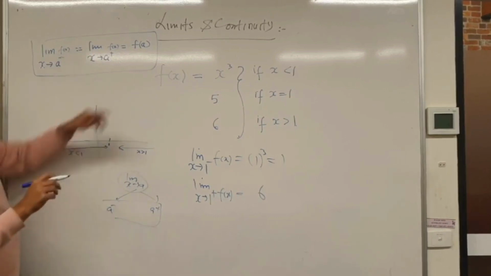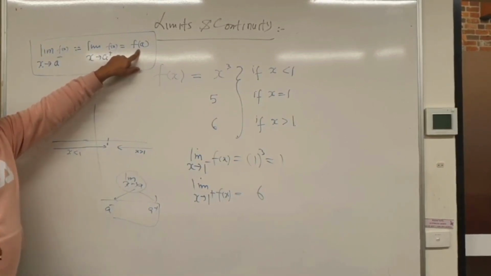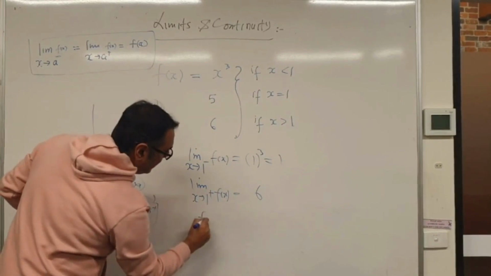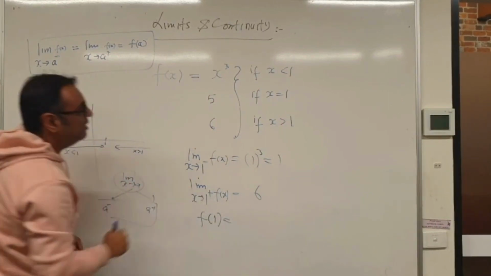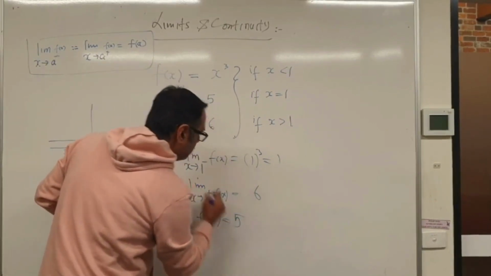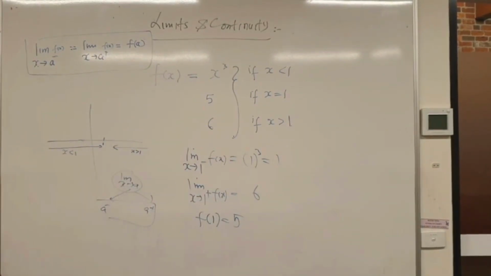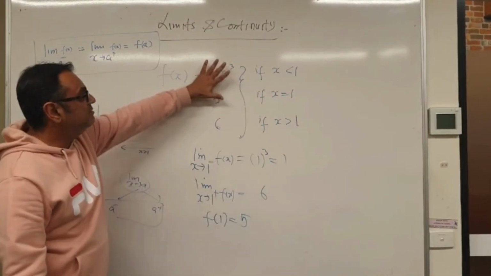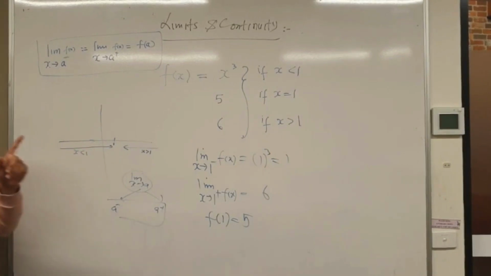But still, let's check the final one. At x equals 1, f of 1, what is the value? When x is 1, it is 5. So you see, this function is not continuous at x equals 1. Does that make sense, right?